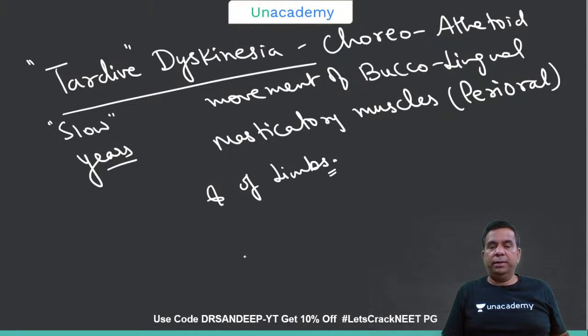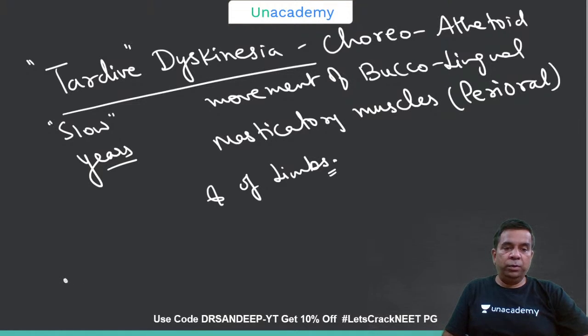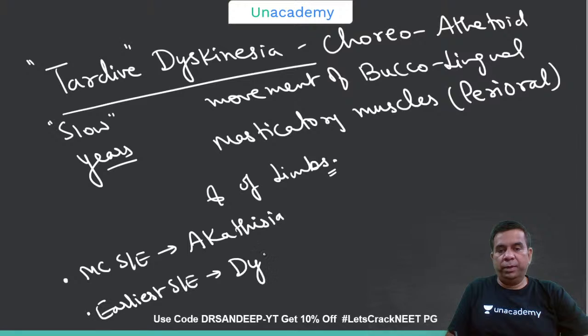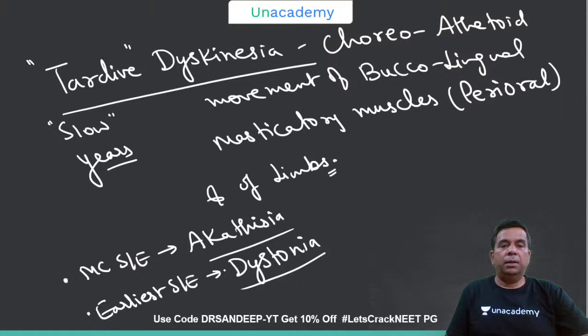Late side effect. So the earliest is dystonia. The most common side effect is akathisia. The earliest side effect is dystonia. And the late side effect is tardive dyskinesia.